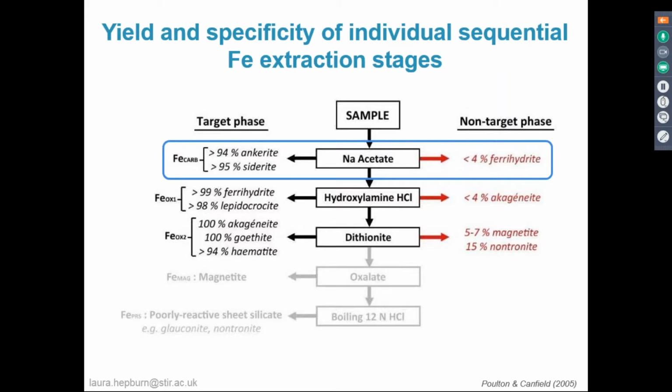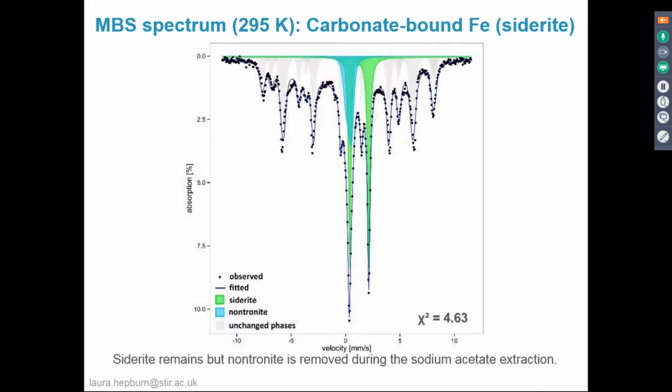So, running through the very first extraction, using sodium acetate to target the carbonate-bound iron, what we're expecting is the near complete removal of carbonate, the siderite. What we see after the extraction is that the siderite is still sat in the sample.